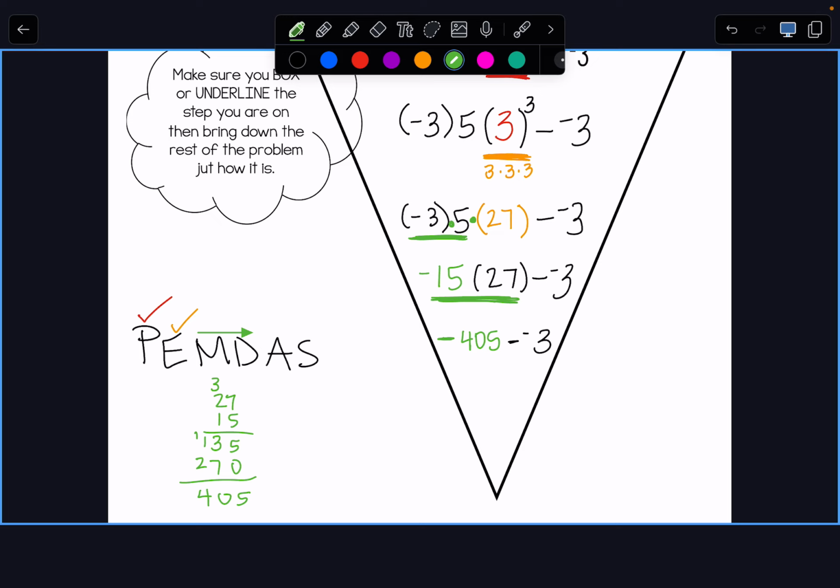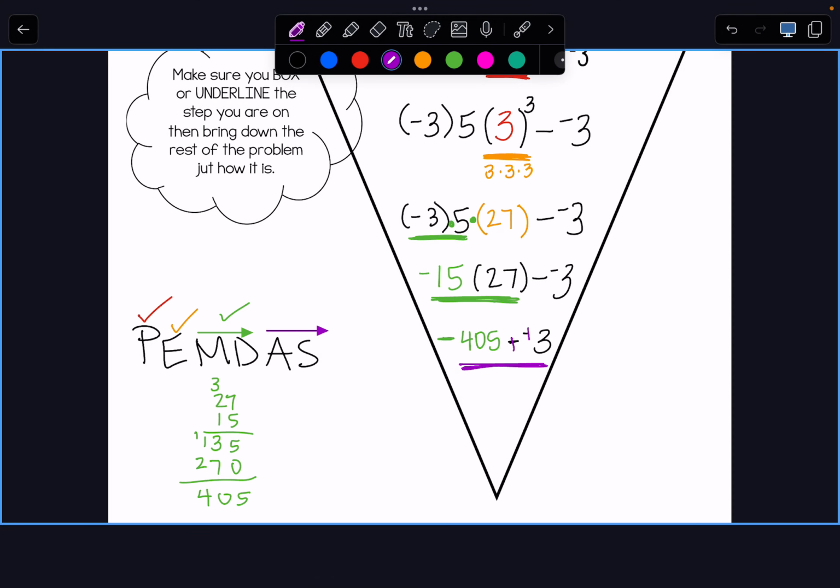So we've done our multiplication and division. Technically, addition and subtraction are tied, but it looks like we only have one operation left, subtraction. Now, subtracting a negative 3. Let's go back to our integer operations. Subtracting a negative 3 is the same as adding the opposite.